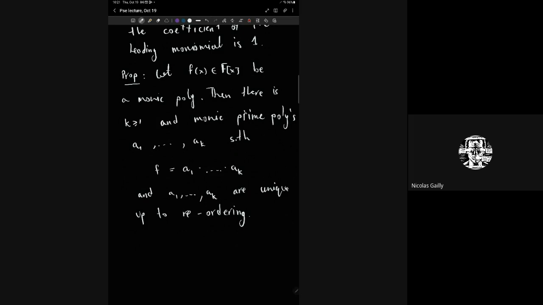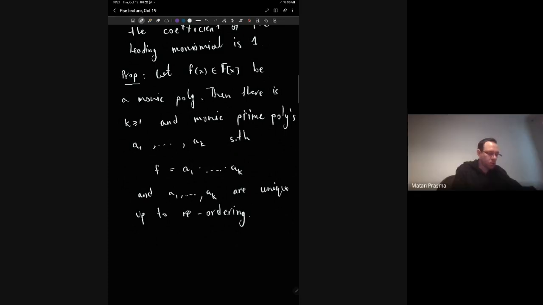It's not like composition, it's just multiplication. Yeah, multiplication. I'm trying to ease the notation by not writing the variable. I think it stresses the analogy to integers better.